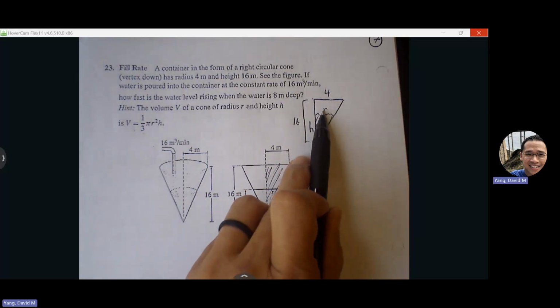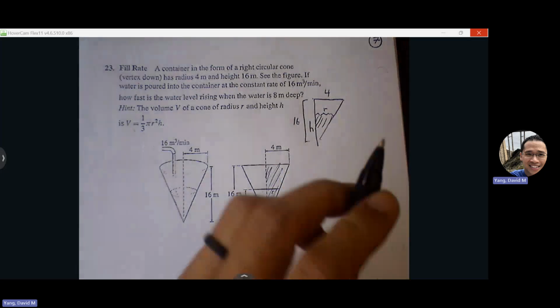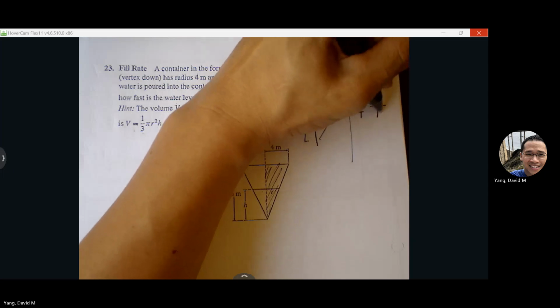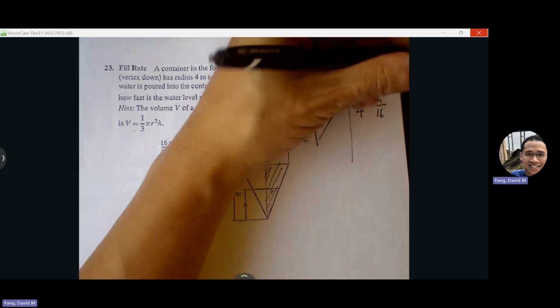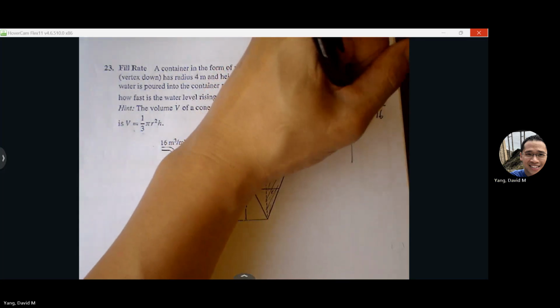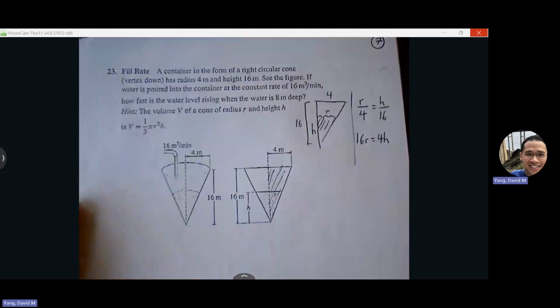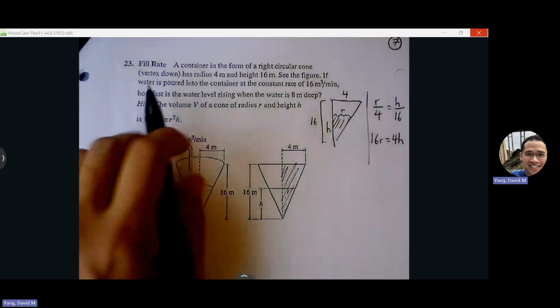So I'm going to say small radius is to big radius as small height is to big height. Cross multiply. I still don't know which variable to solve for, but I'm ready to solve for it as soon as I gather more information.